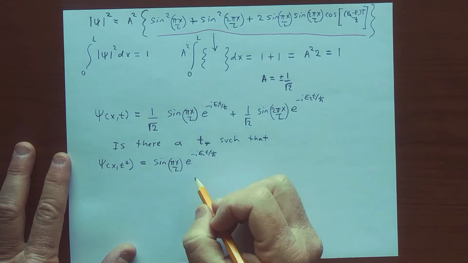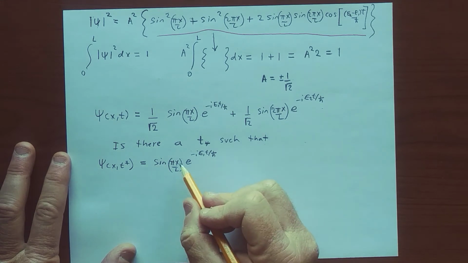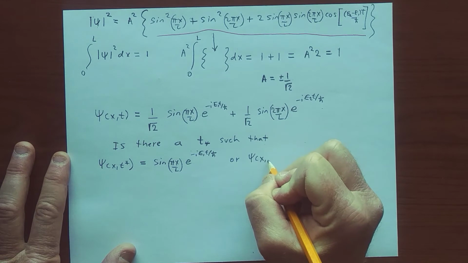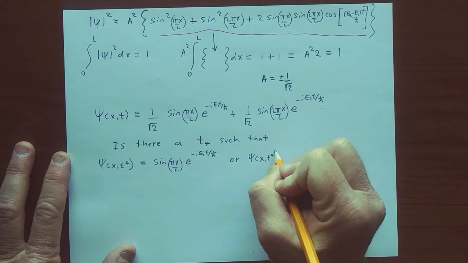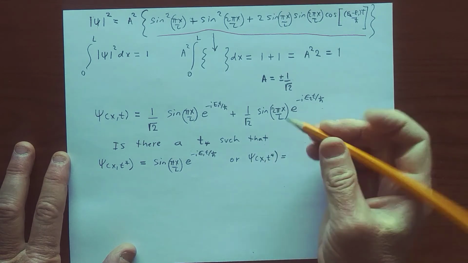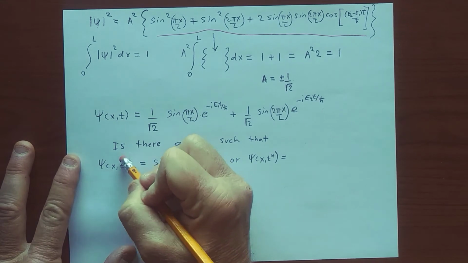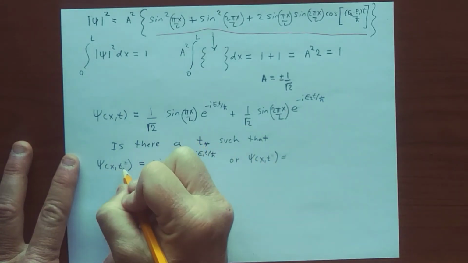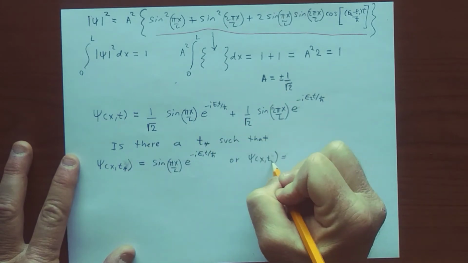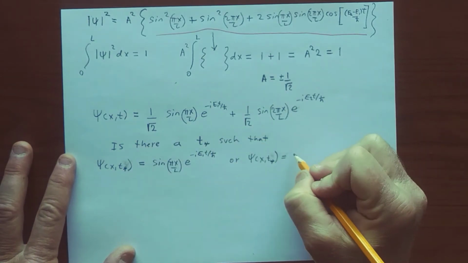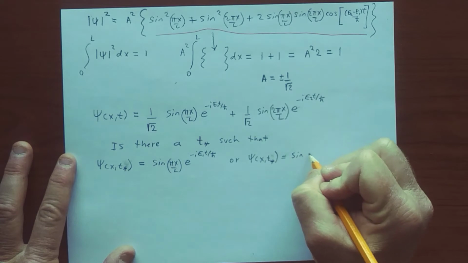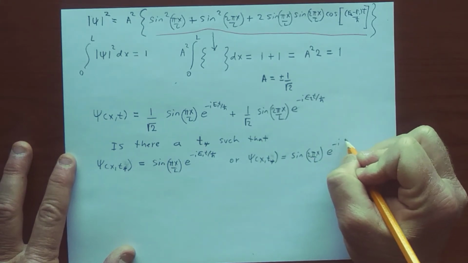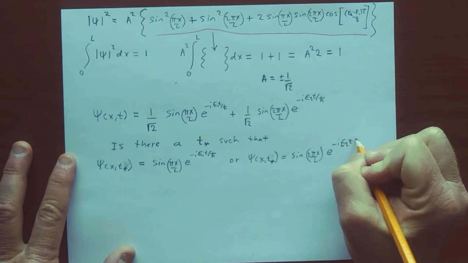Is there a time when psi of x and t is that, or, say a time t star, sorry, I put the star as a subscript, let's be consistent, where the function is sine of 2 pi x over L e to the minus i E2 t over h bar.